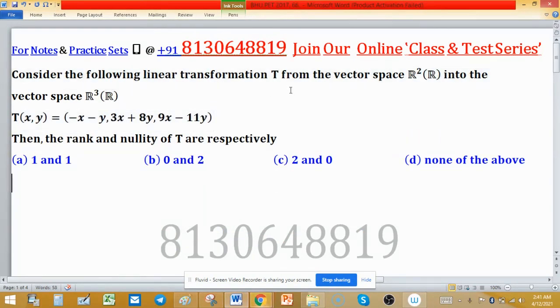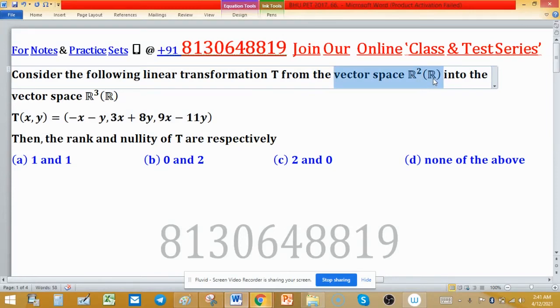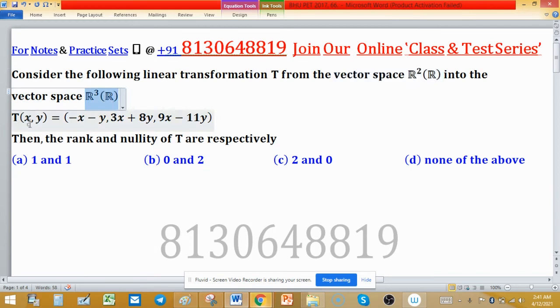Consider the following linear transformation T from the vector space R square over R into the vector space R cube over R. Linear transformation T is sending ordered pair xy as this three tuple, then the rank and nullity of T are respectively.